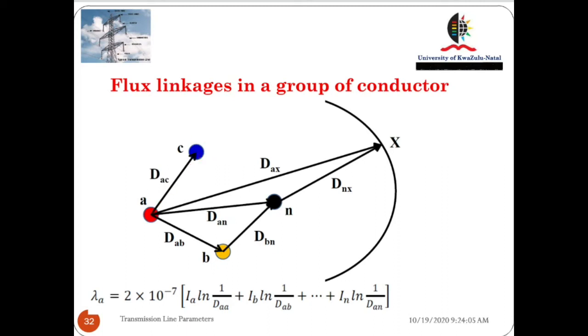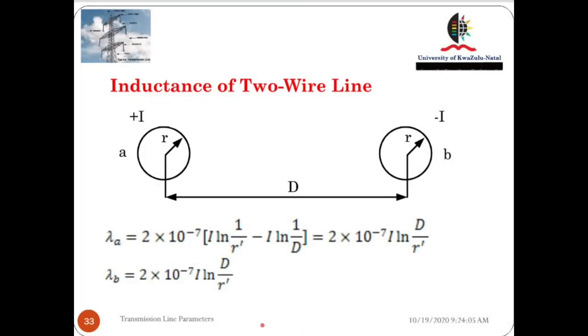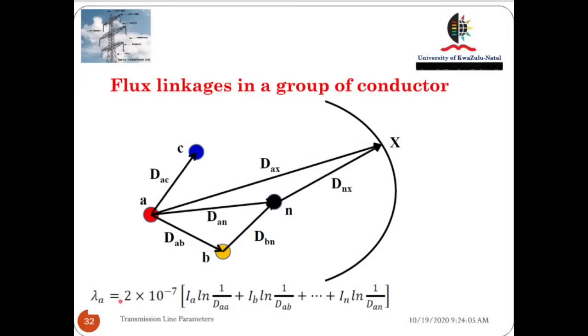Then we come to the next conductors, DCA, DCB, DCD, and DCN. When we are done with that, we will go to the last conductor, the nth conductor, which will give us lambda N. So we will write down the equations of lambda A, lambda B, lambda C, lambda D, lambda N, all the way like that.